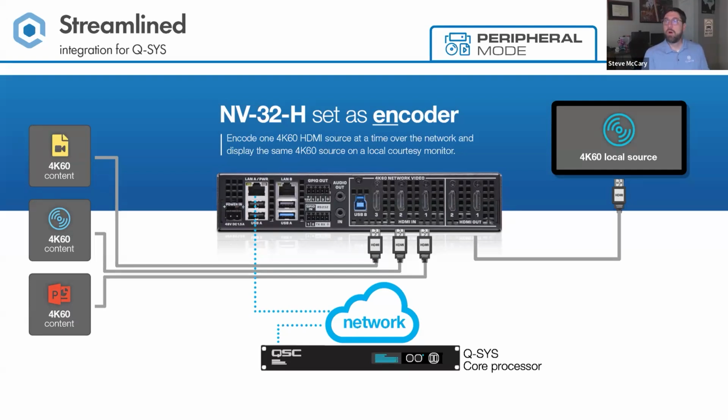However, if you are only ever going to need one of them at a time, you can still connect 3 4K 60 sources to the NV32 as an encoder. It will just only encode one of them at a time. And of course, we still get our local source on the output side.